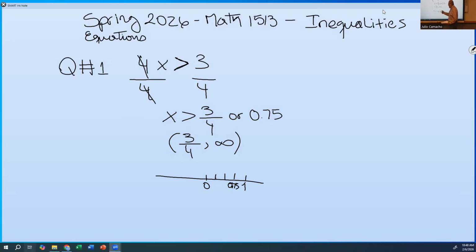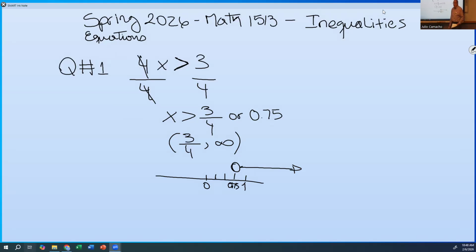So what do I need to put over 0.75? Open dot. I open that because I am graphing now. So I put my open dot here over the 0.75, and then because the values that are an answer for this equation are greater than 0.75, I will put my line this way.